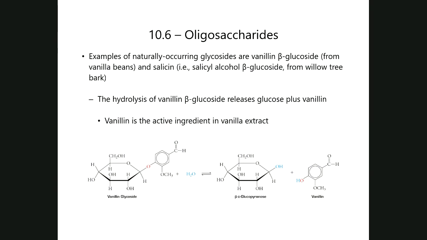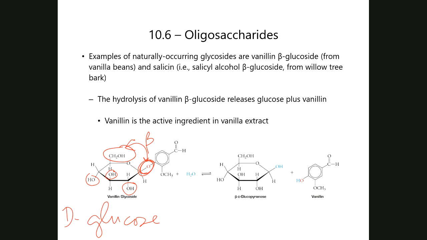A couple of things that we need to pay attention to when we're looking at these structures. Again, down, up, down means this is coming from glucose, right? If this one's up, this is coming from D-glucose. And if you look at this carbon and the oxygen that's attached to it, it's pointing upward in the same direction as this. This is a beta glycosidic bond.